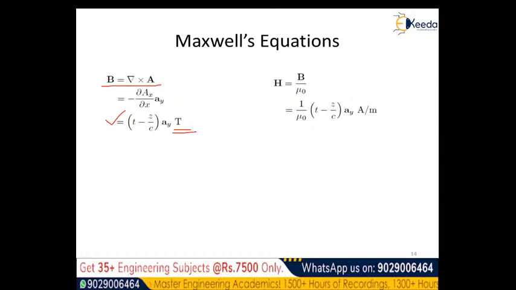So we get capital H is equal to 1 upon mu multiplied by the bracket (t minus z by c) in multiplication to the a_y unit vector. Capital H being the magnetic field intensity, it is to be measured in terms of amperes per meter. So this is the answer for capital H.